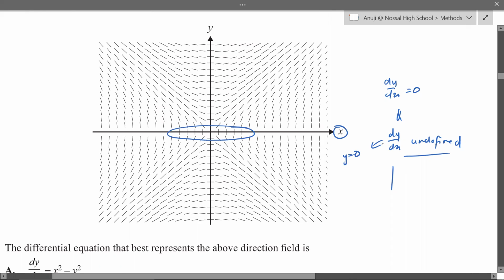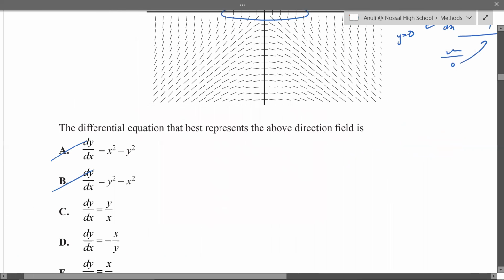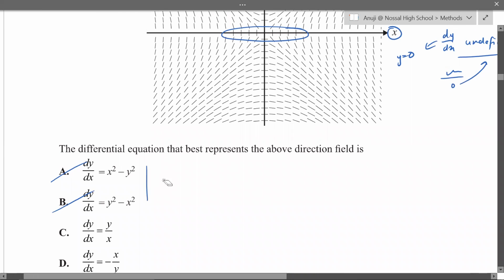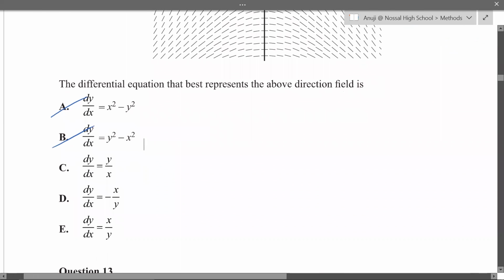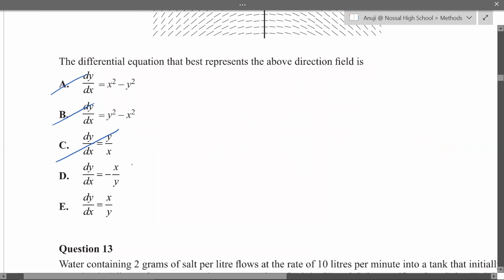If something's undefined, the denominator of a fraction is usually how that happens. Since A and B don't have fractions, they can never be undefined, so it can't be A and B. And C is also wrong because it has to be undefined when y equals 0, not x. So it should be something with y on the bottom. So it has to be D or E.